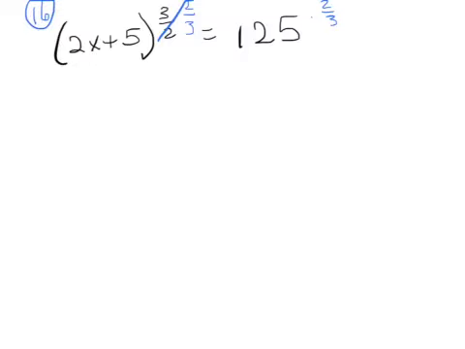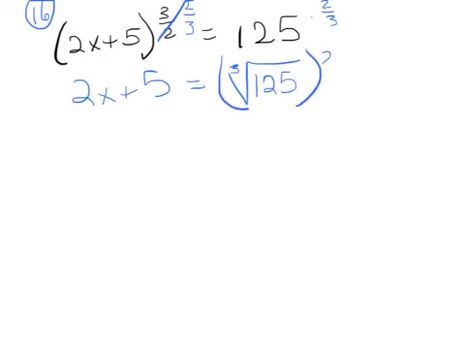So this becomes 1, and I've just got 2x plus 5 on the left side of my equal sign. 125 to the 2/3 power is the same thing as the cube root of 125 squared, because this is the same as 125 to the 1/3 power squared.